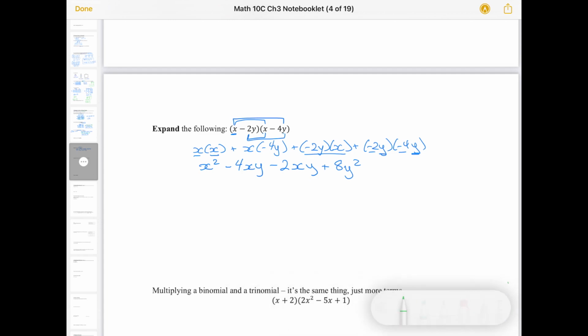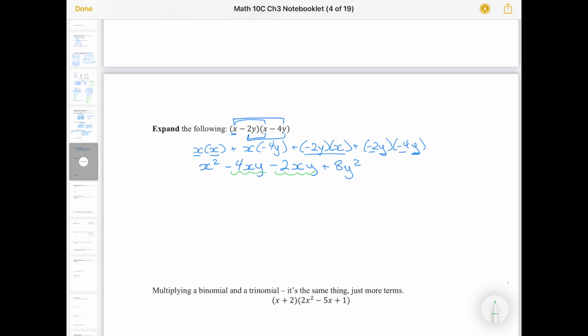All right, so now you may be wondering, this one here, I wrote them in the same order, right? X before y. In math, just like in English, there's an order to things, and we follow the alphabetical order. So whenever you have two variables, always write them in alphabetical order.